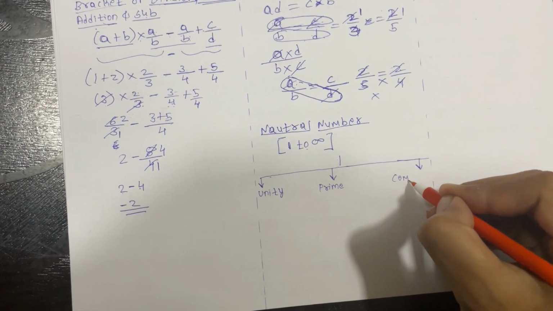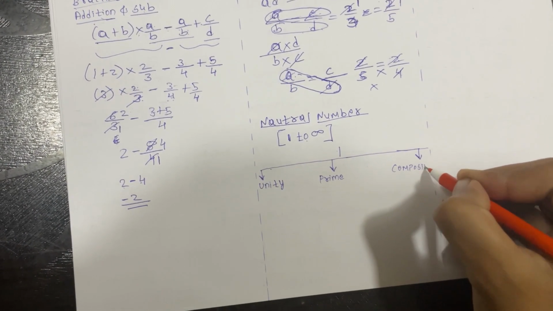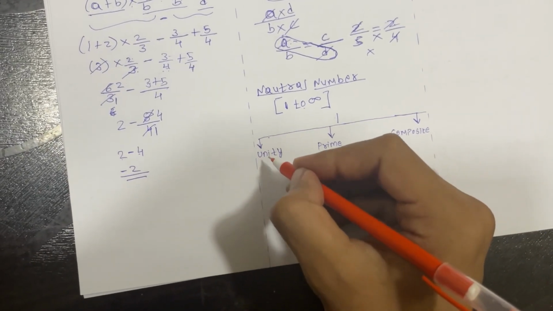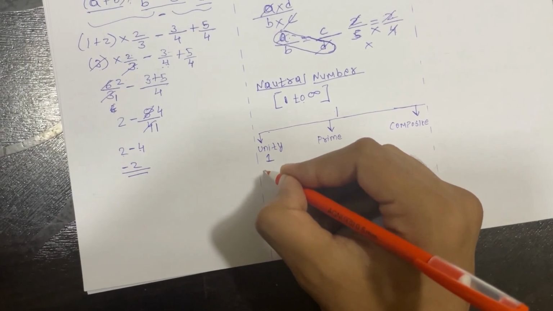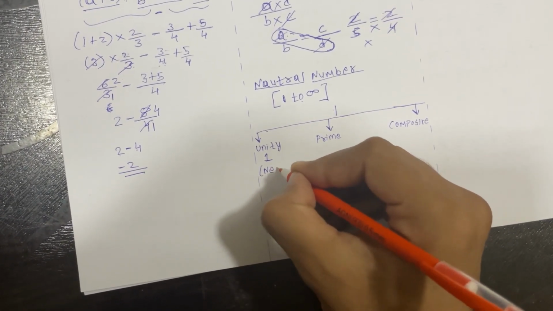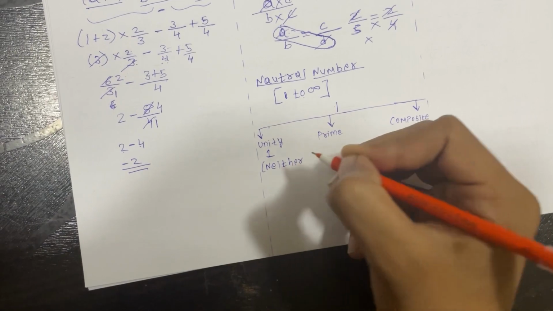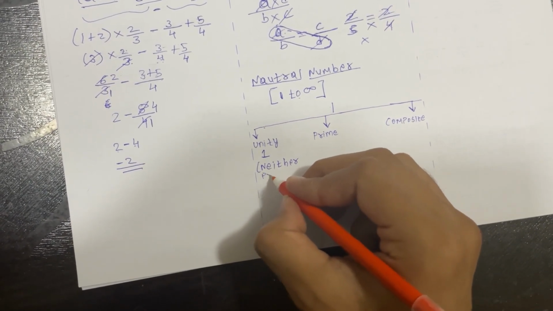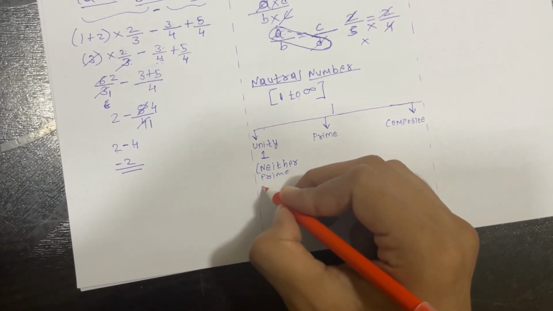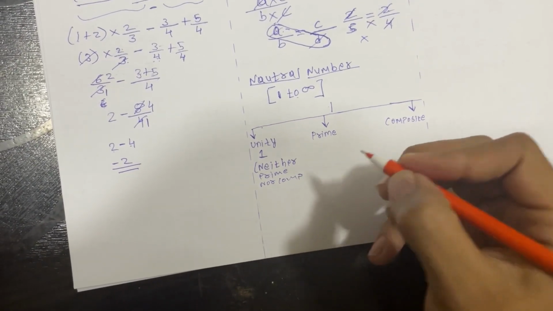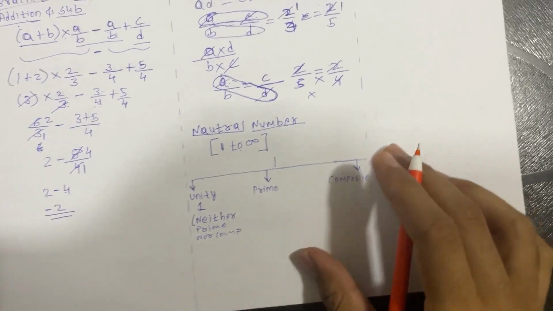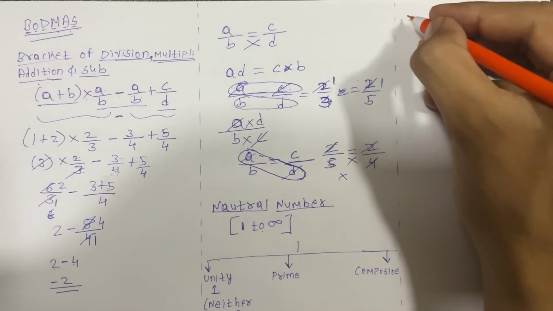So what is unity? Unity means 1. So 1 is neither a prime number nor composite. So what are prime numbers?